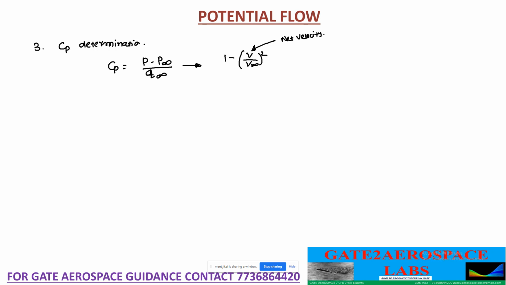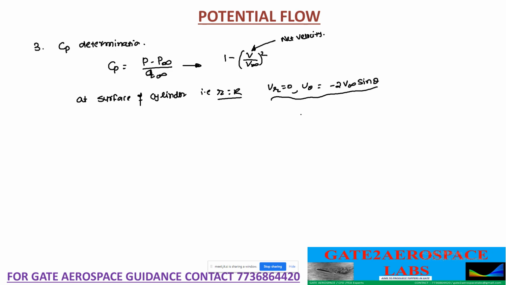Right? Now, at the surface of the cylinder, that is at r equals R, we have Vr equal to 0 and V theta equal to minus 2 V infinity sine theta.